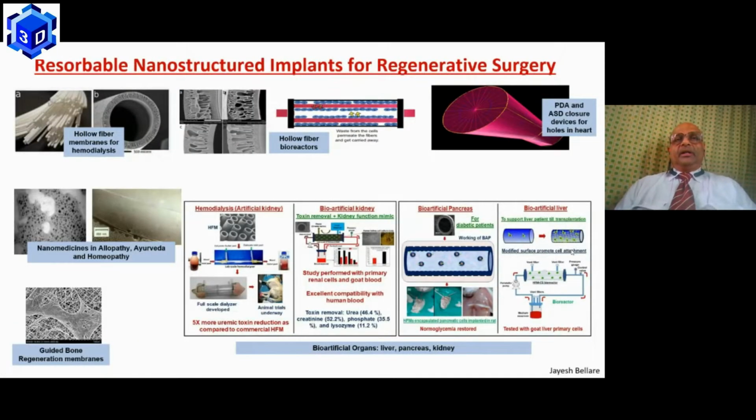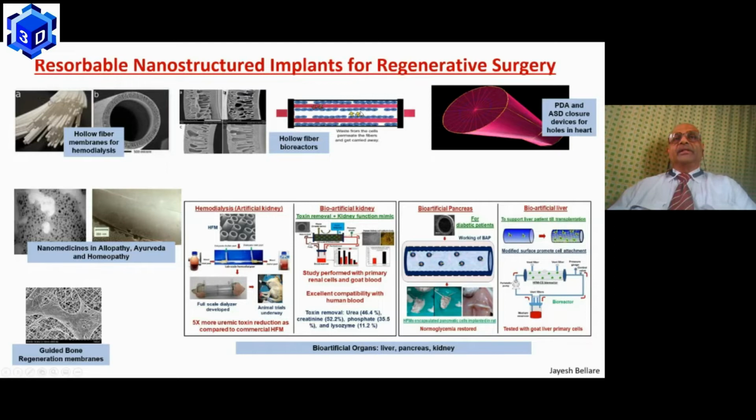However, in our group at IIT Bombay, we look at a variety of nanostructured materials for regenerative surgery. For example, we make hollow fiber membranes suitable for hemodialysis, and these we convert into various types of mass exchangers, in particular hollow fiber bioreactors, in which one can have cells either on the inside or the outside of these fibers.